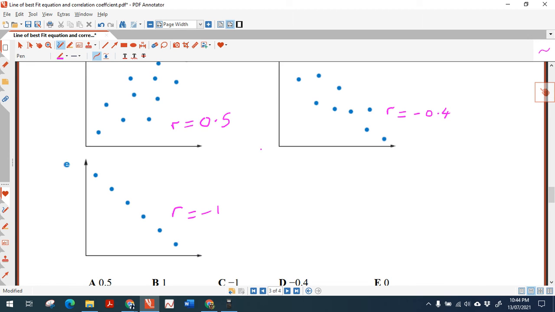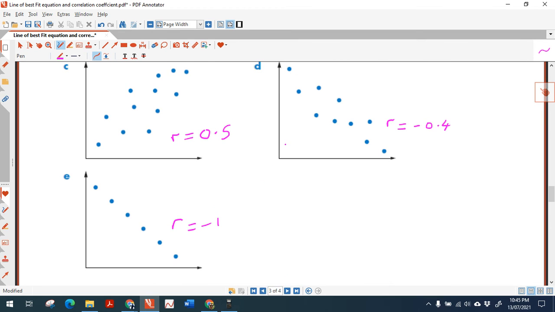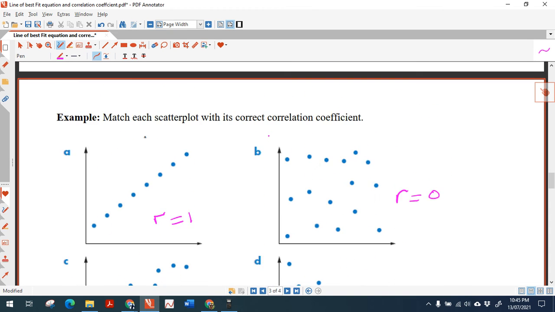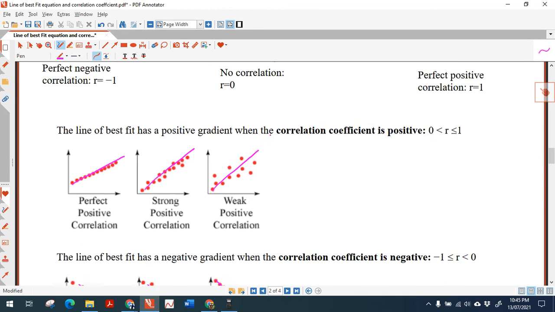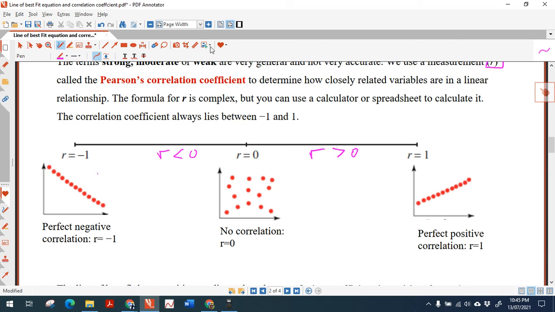So what you can tell is that the correlation coefficient tells you the tendency for the data to lie on a straight line. So when R is 1 or -1, then all the data for the bivariate data lies on a straight line perfectly. And as R gets closer and closer to 0, the points become more scattered and don't really follow any pattern.